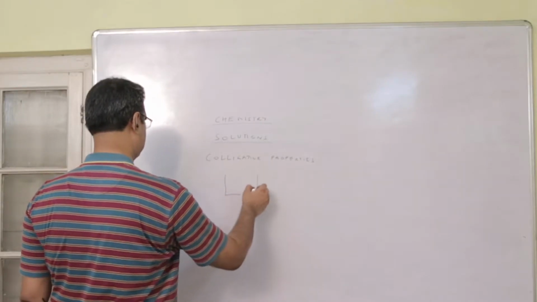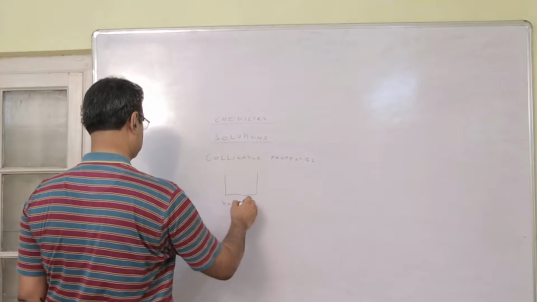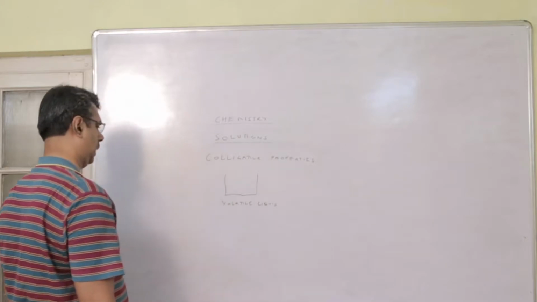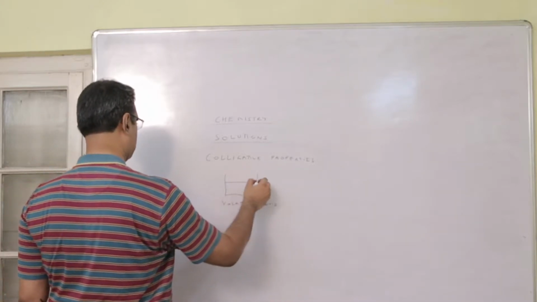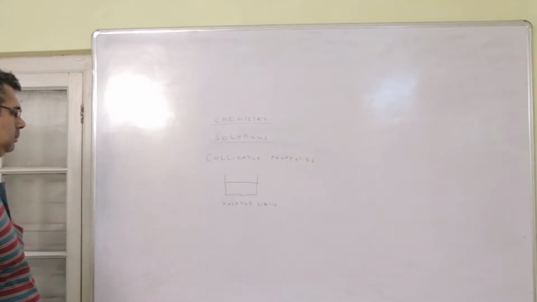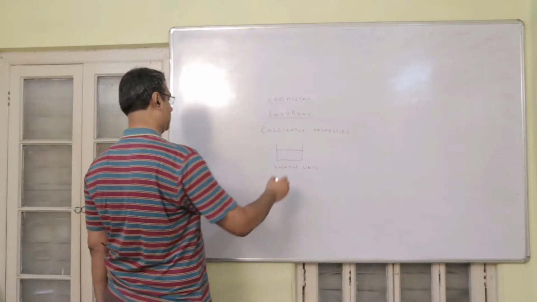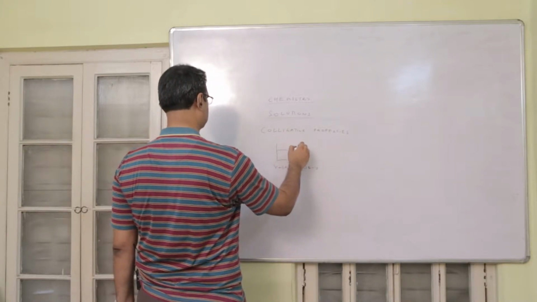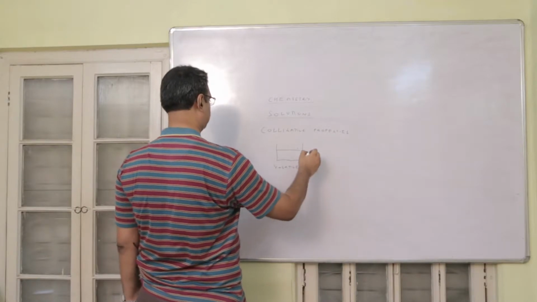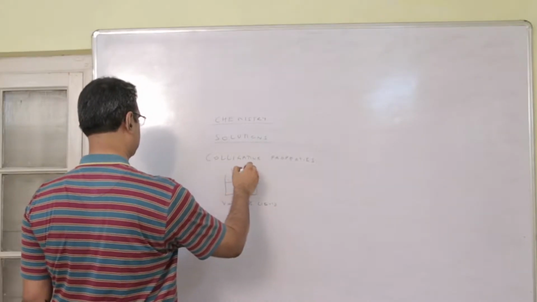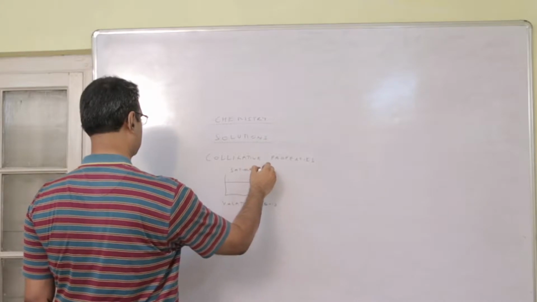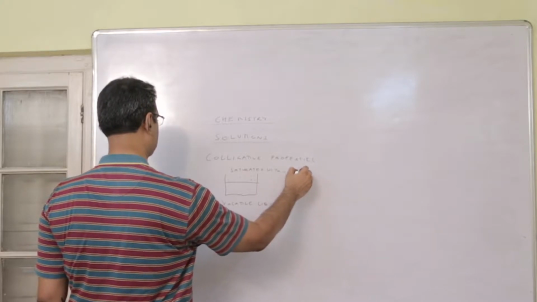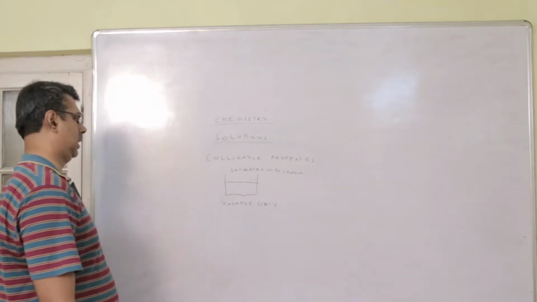Suppose you have a volatile liquid and it is placed inside a container. The space just above the liquid will start gathering vapor, and after some time the space above the liquid will be saturated with vapor.